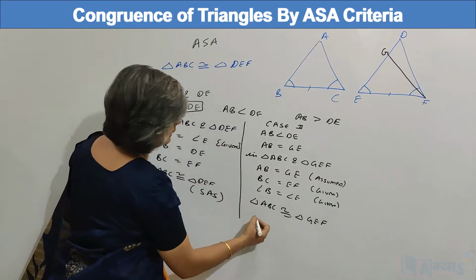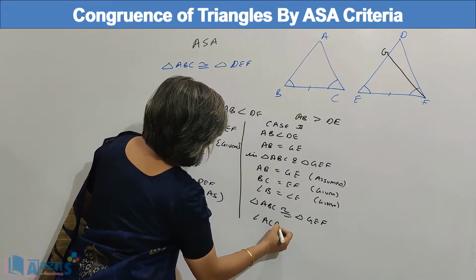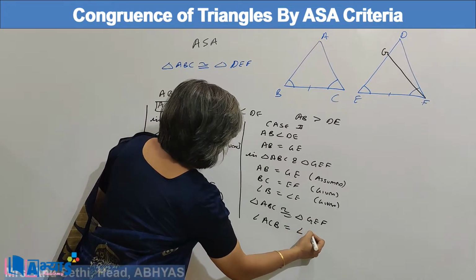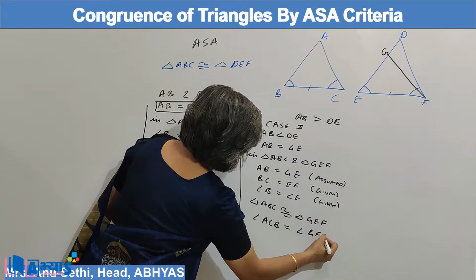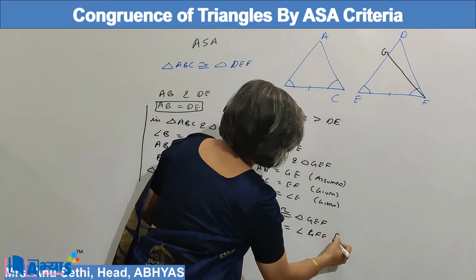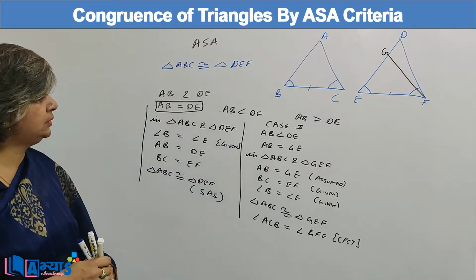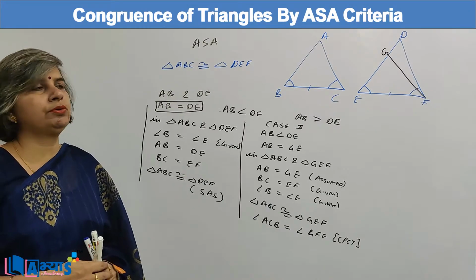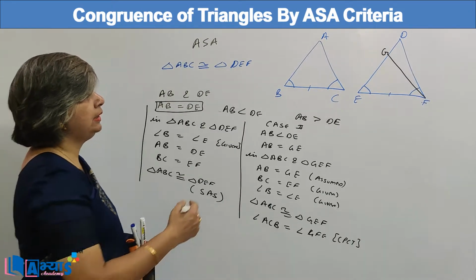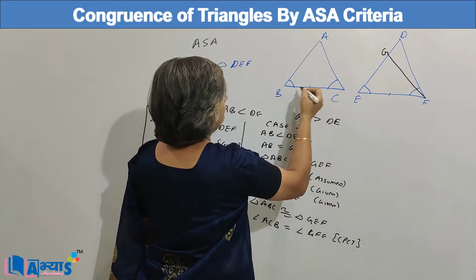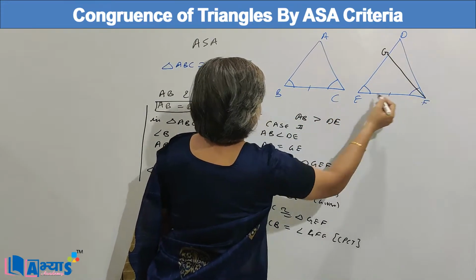From this we can say that angle ACB is equal to angle GFE. CPCT. CPCT means corresponding parts of congruent triangles. As triangle ABC is congruent to triangle GEF, so angle ACB will be equal to GFE.